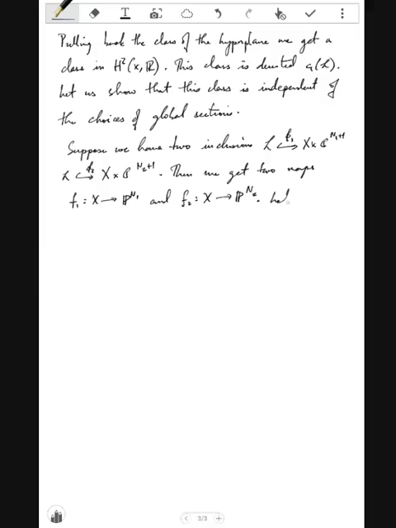So let n be equal to n_1 plus n_2 plus 2.